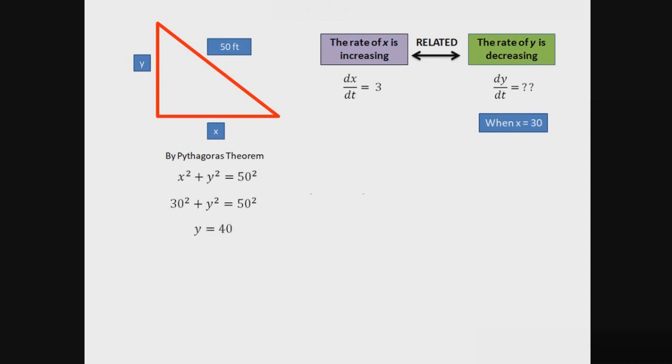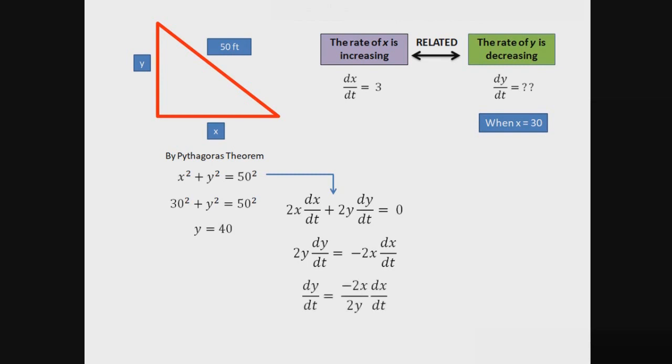So from the Pythagoras theorem, we can do implicit differentiation to solve the related rates. And then we differentiate it term by term. The derivative of x squared with respect to t, we get 2x dx over dt, plus the derivative of y squared, we get 2y dy over dt, and the constant length we get 0. And then we simplify it by moving the 2x term to the right, and we get dy over dt is equal to negative 2x over 2y times dx over dt.